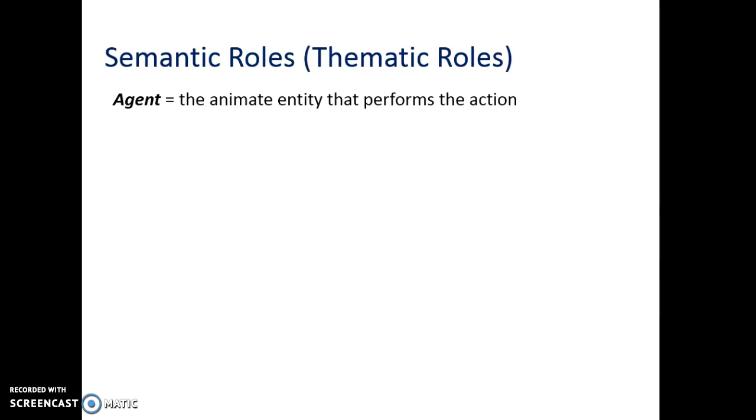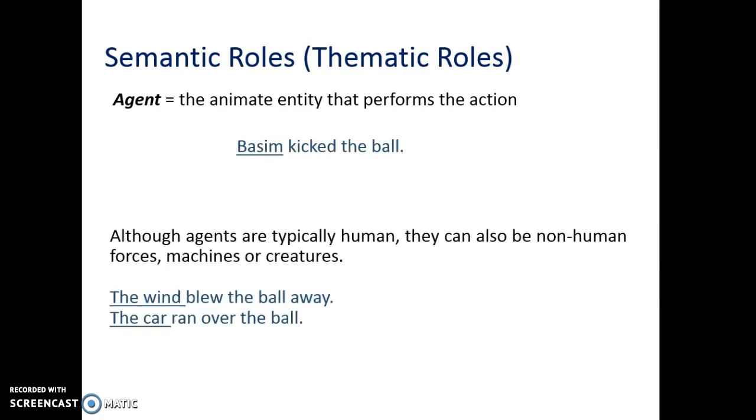So we have agent, which refers to the animate entity that performs the action. Basim kicked the ball. Basim here is the agent. Although agents are typically plus human, they can also be minus human. They can be machines or creatures, like the wind here in this example, or the car.